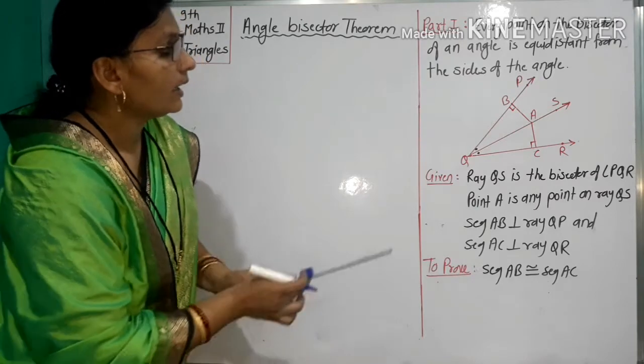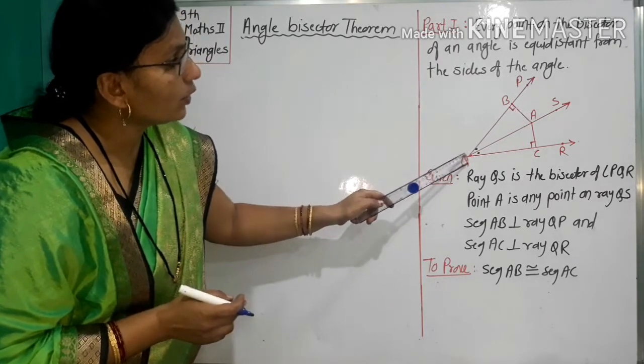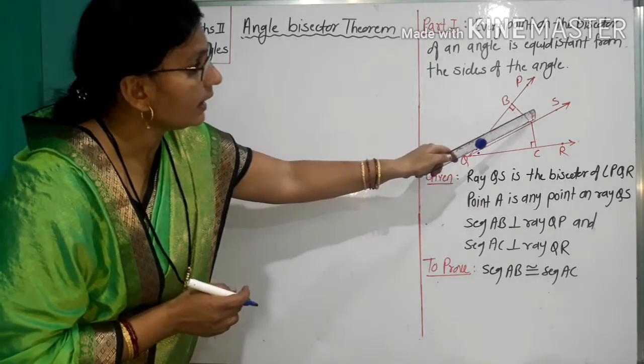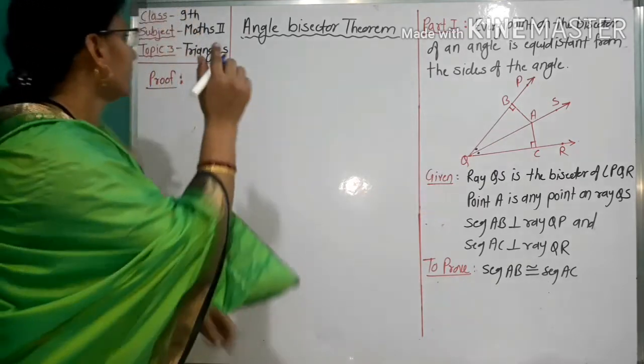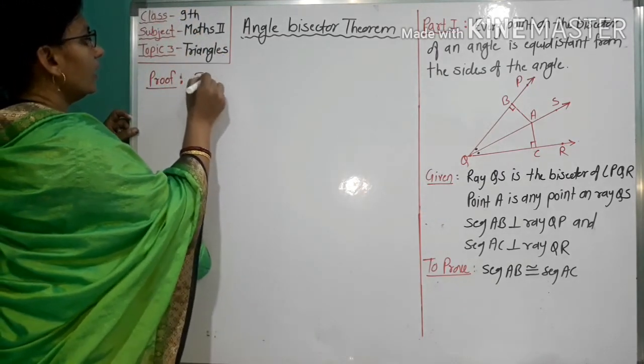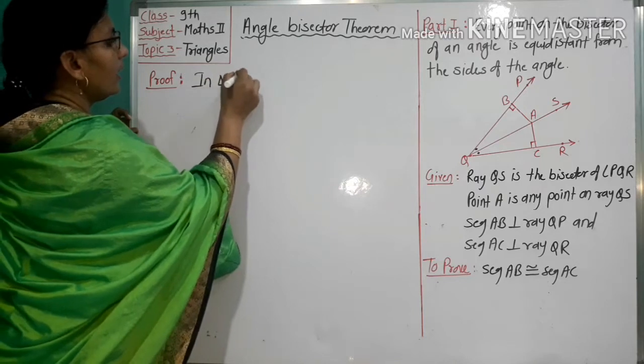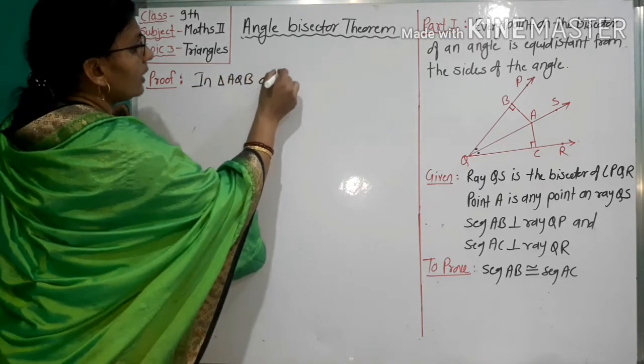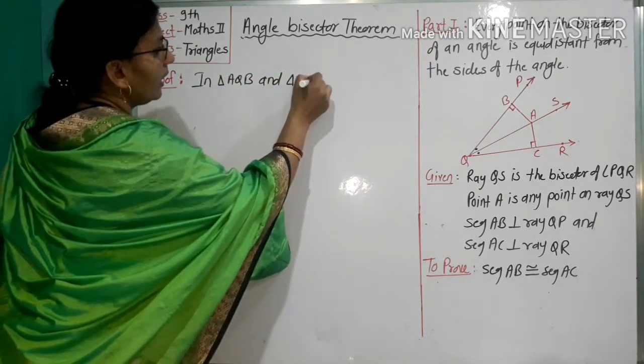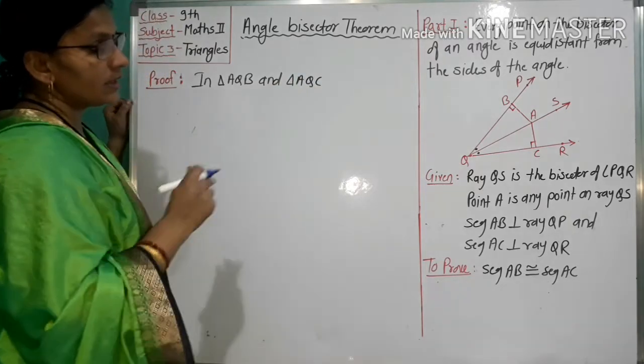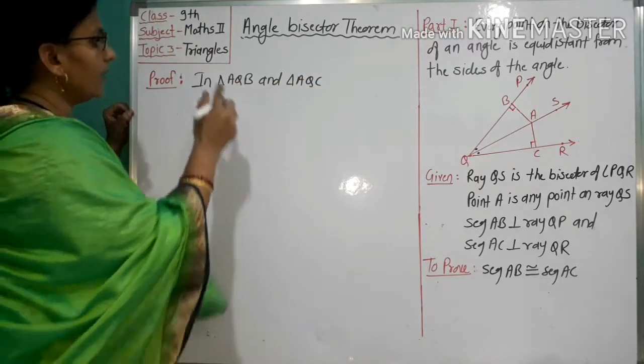Here, in triangle AQB and triangle AQC, segment AQ is congruent to segment AQ.